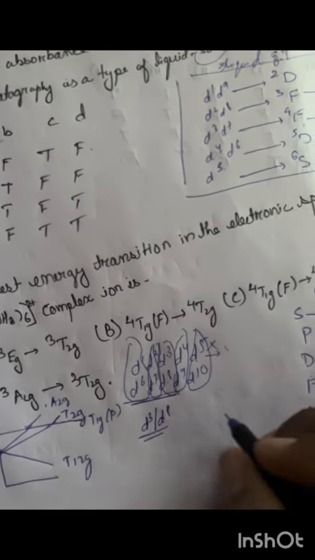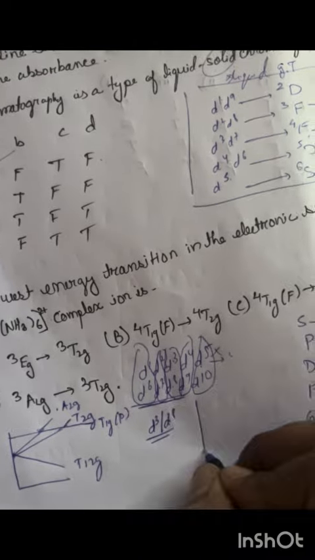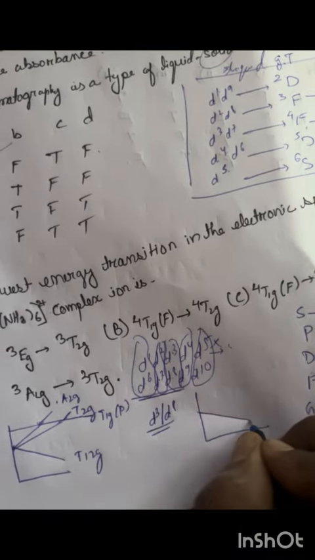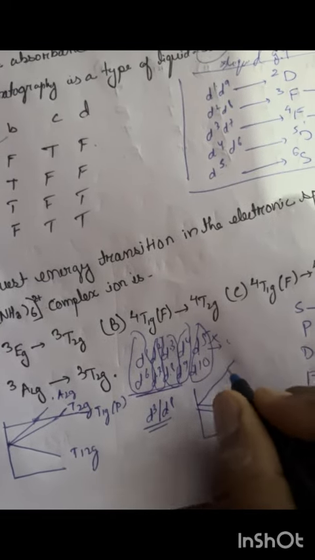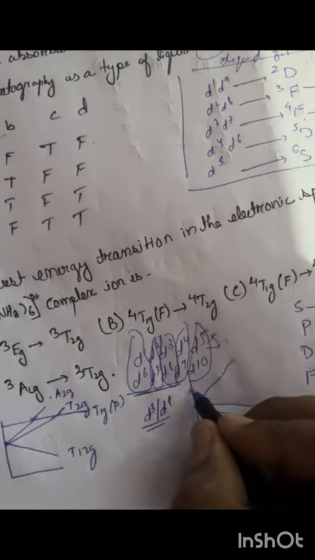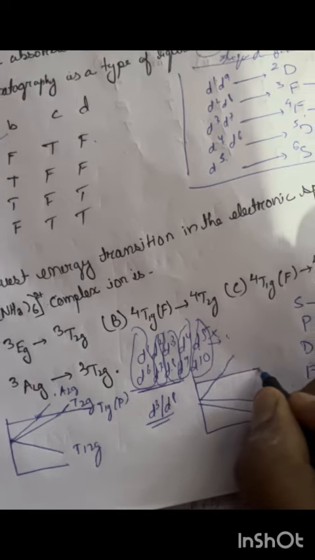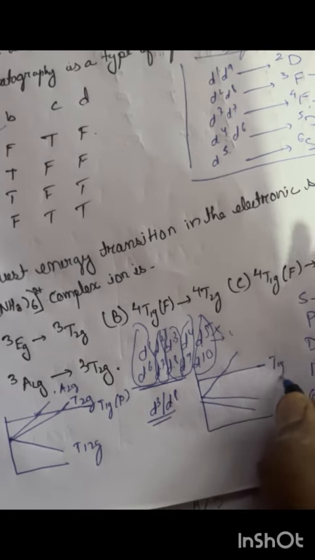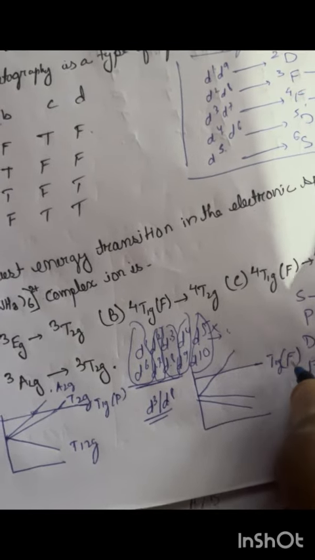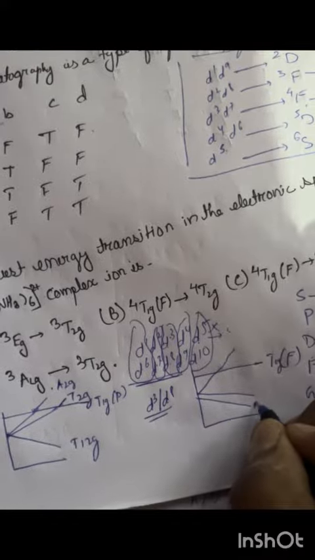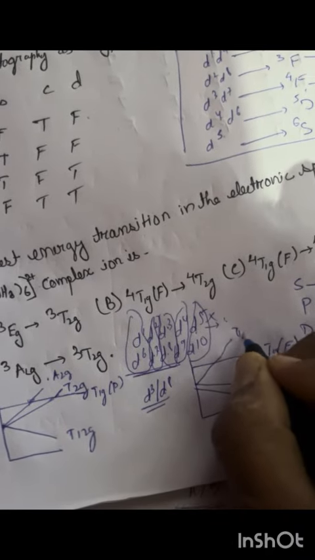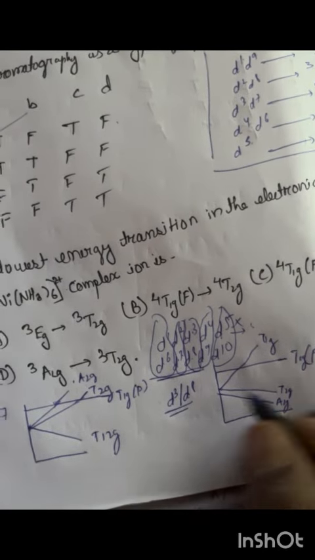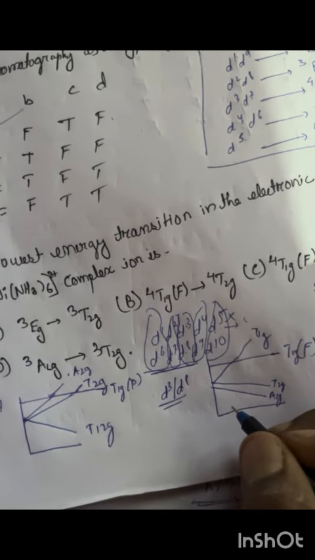Then you remember d3 and d8. This is also F, right? The same, but it will be in the opposite direction. Means now these two will be downward, this one will be upward. And this, remember, is T1g(F), and then this will be A2g, then T2g, then T1g. This you should remember. And from here it usually asks for the delta node value.